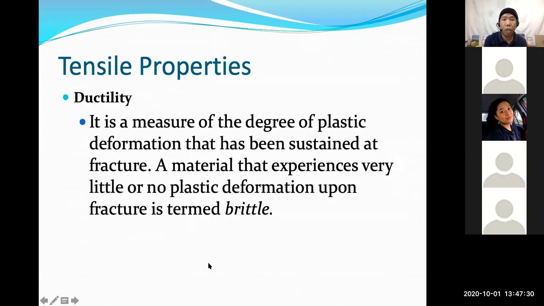Okay, now we have the term ductility. It is a measure of the degree of plastic deformation that has been sustained at fracture. A material that experiences very little or no plastic deformation upon fracture is termed brittle.